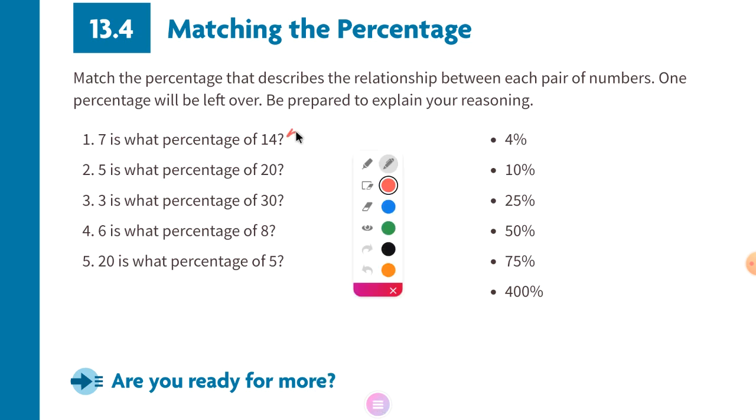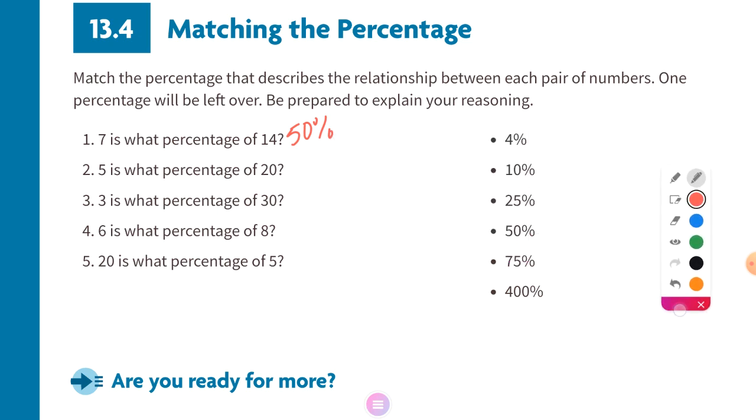So this one is 50%. 5 is what percent of 20, Dawson? 5 is 10% of 20? So if I take 20 divided by 10, do I get 5? 4. Okay, 20 divided by 4. So how can I get that to a percentage? Dividing by 4 is like multiplying by 1/4, which is what percent? 25%. That one is 25.